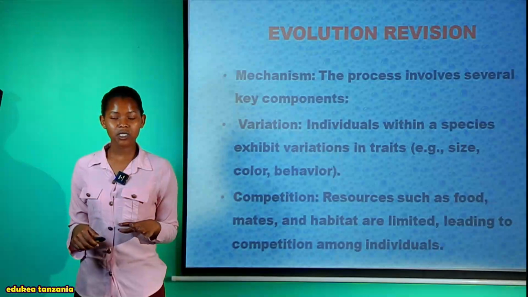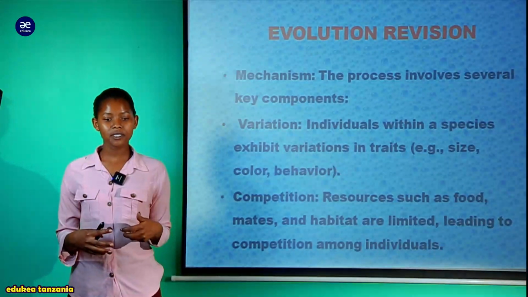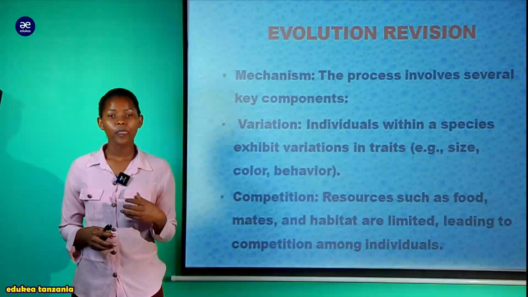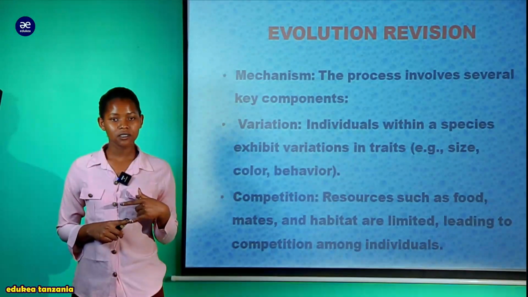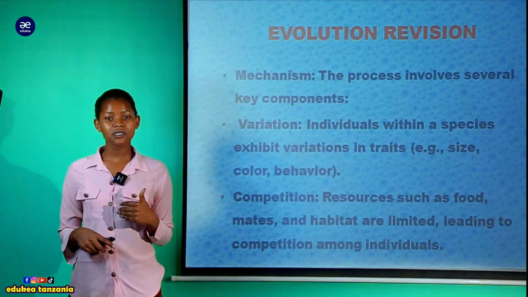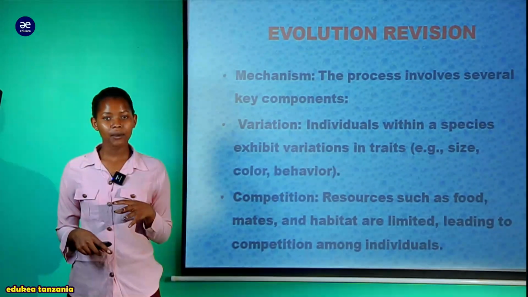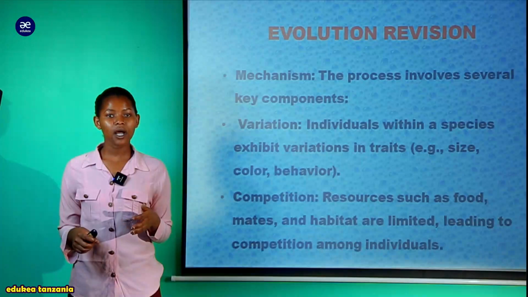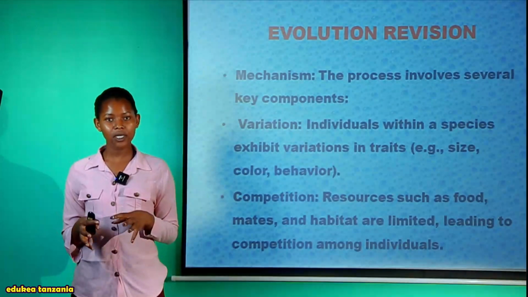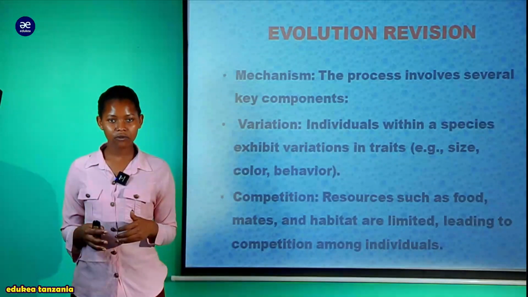What brings about natural selection, or what makes natural selection appear, is variation. Individuals vary in color, in size, as well as in shape, and those variations are what bring about selection. For instance, I gave you the example of the black and white moth during the Industrial Revolution.